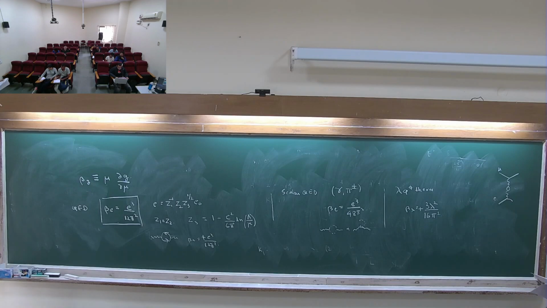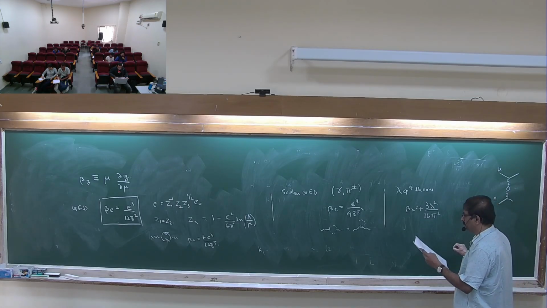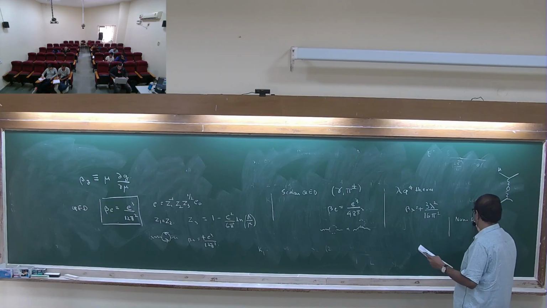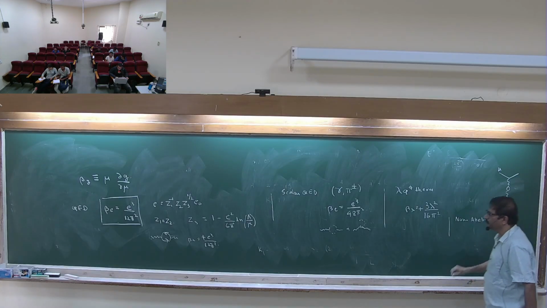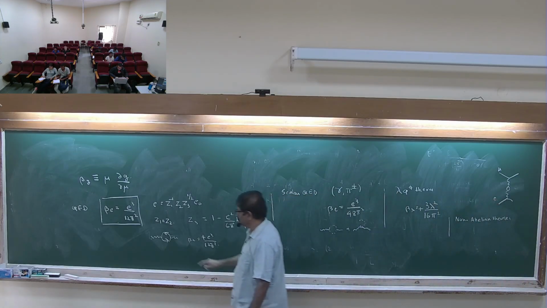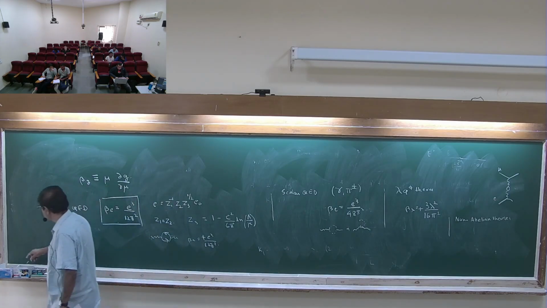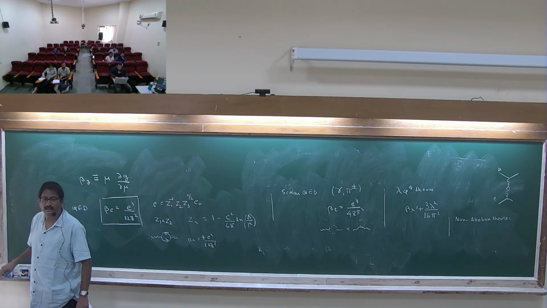So this is not the case when it comes to non-abelian gauge theories. Non-abelian gauge theories are different. Why? See here, the only vertex in this theory is this one, right? So it's just a very simple interaction.